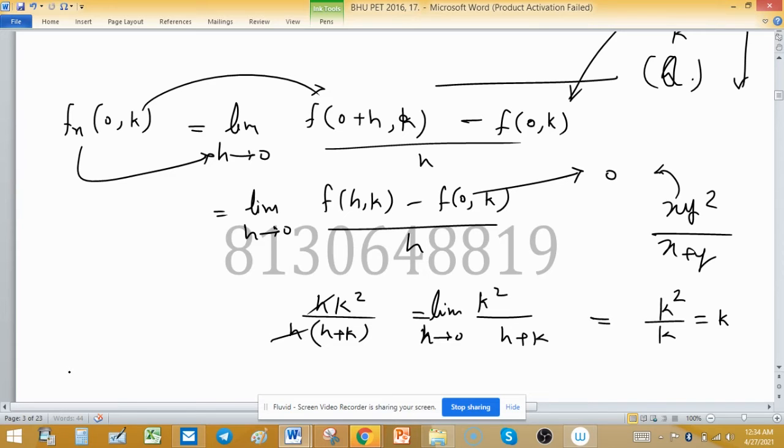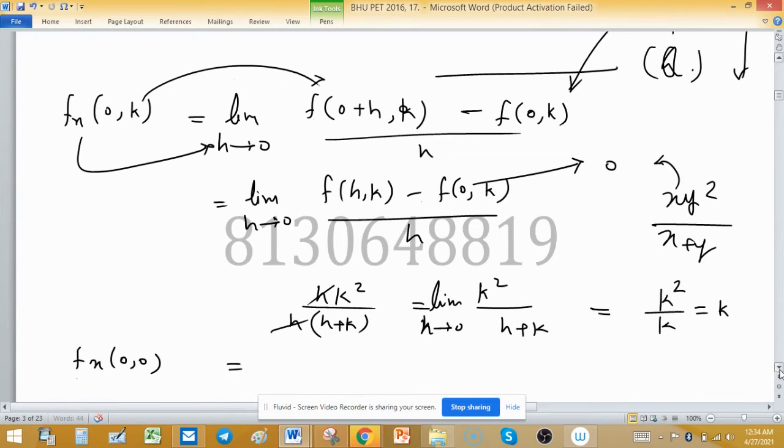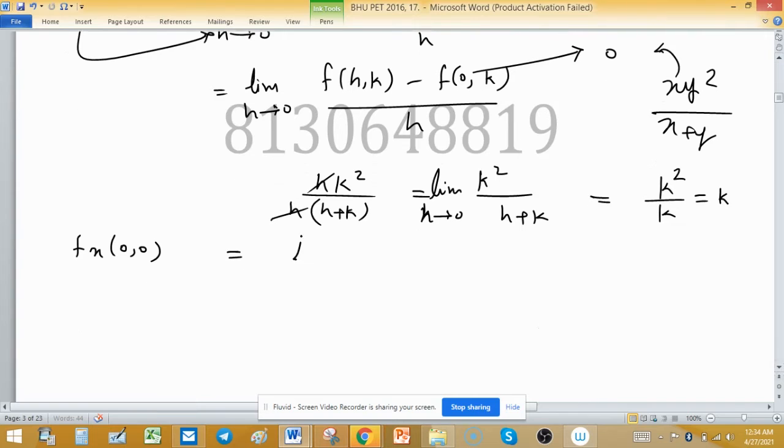Similarly, we have to find f_x at (0,0), and this is equal to the limit h tends to 0 of f(h,0), or 0 plus h you can write, minus f(0,0), the function at the point, divided by h.